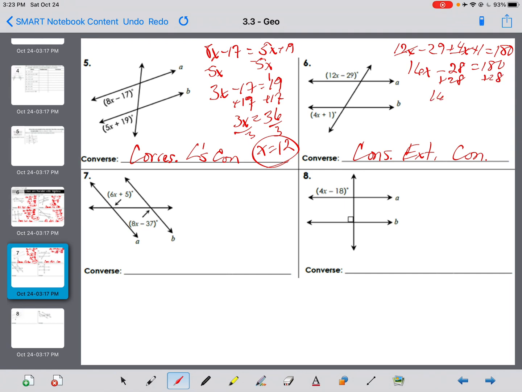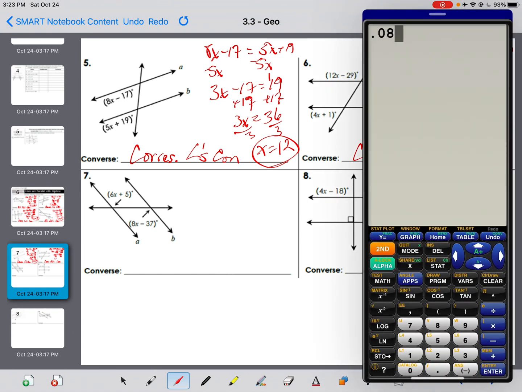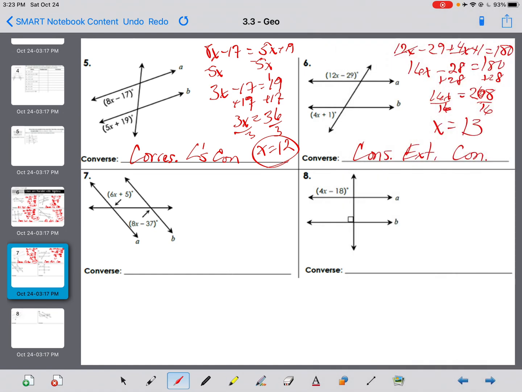And now we add the 28 to both sides. 16x equals 208, divided by 16. So x equals 13.